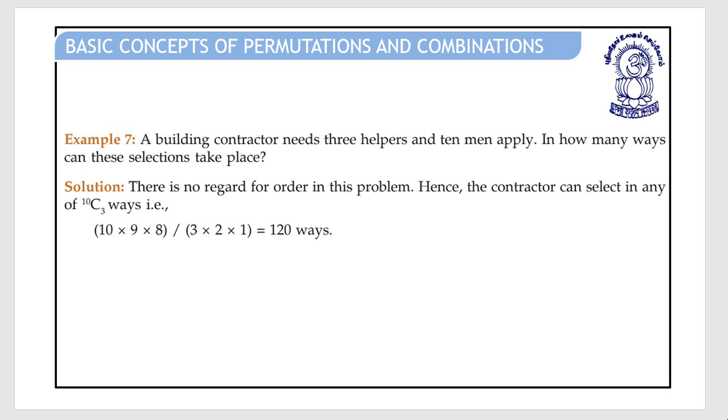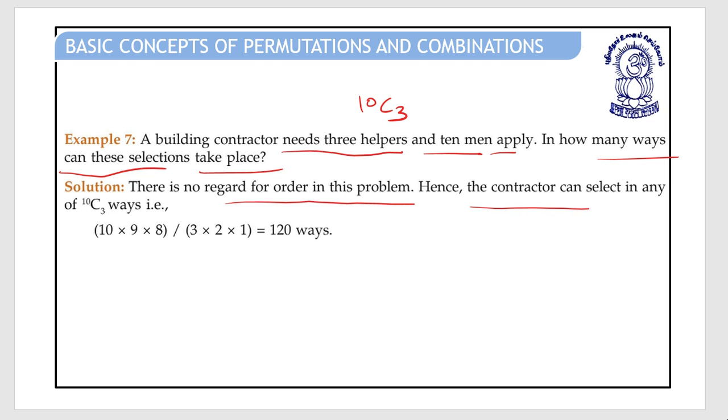Next. A building contractor needs 3 helpers and 10 men apply. Out of 10, the building contractor requires 3 helpers. So 10C3. In how many ways can this selection take place? There is no regard for order in this problem. Hence the contractor can select in any of 10C3 ways.